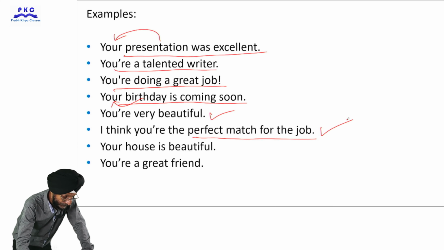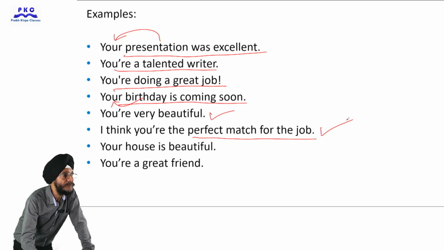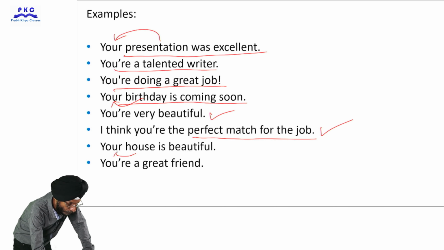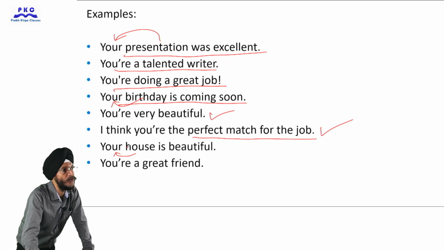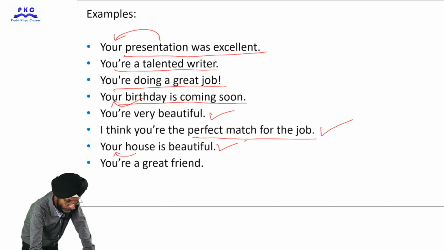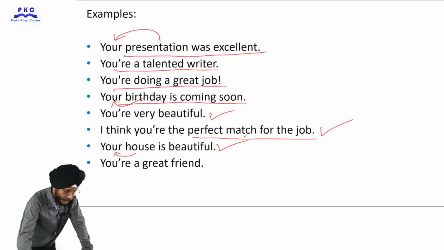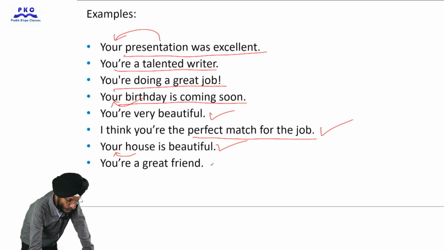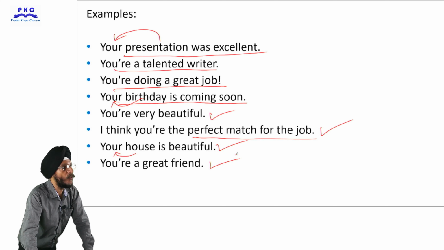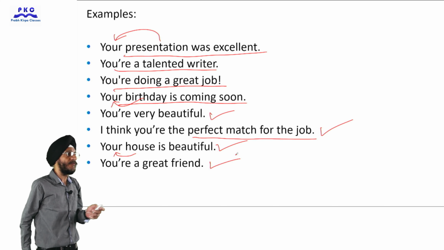So it is okay. Your horse, here the horse belongs to you. Ownership of the horse or possession of the horse is with you. So your horse is beautiful. It is okay. It is possession form. You're a great friend. It is okay. It is a contraction form of you are.